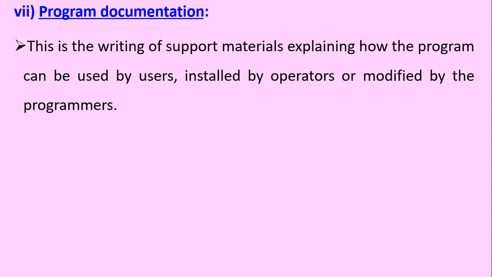The other step, which I have said is normally an integrated step amongst the other steps or phases, is program documentation. This is writing of support materials explaining how the program can be used by users, installed by operators, or modified by the programmers.